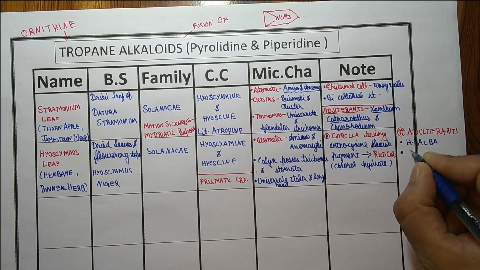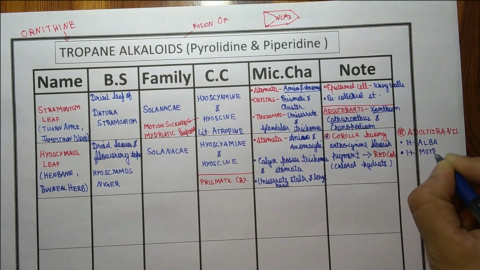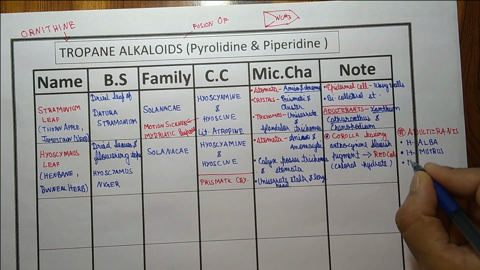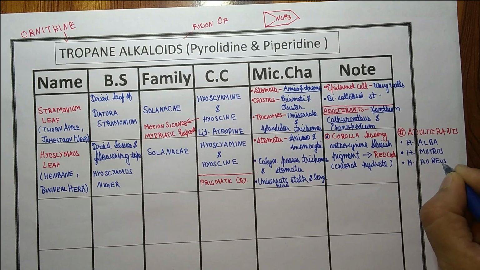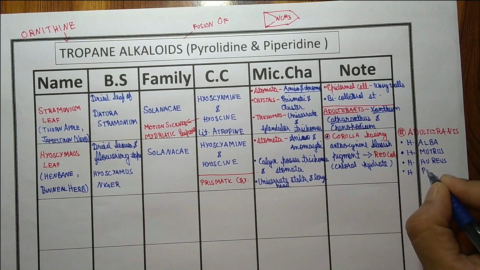Next one is Hyoscyamus muticus. Third one is Hyoscyamus aureus. Fourth one is Hyoscyamus pusillus.